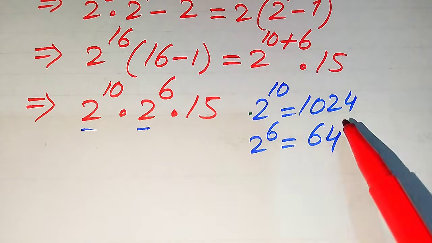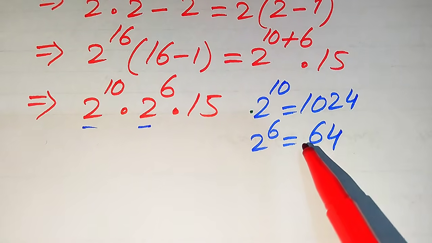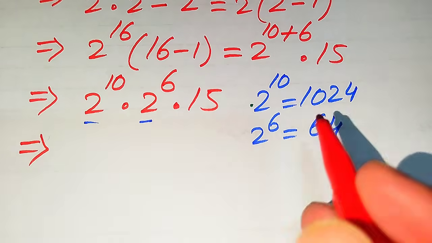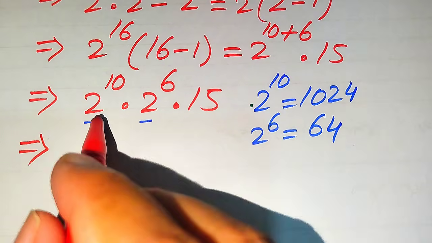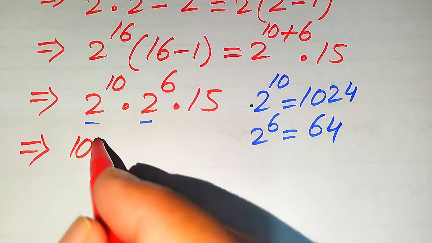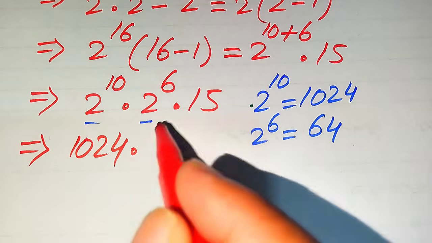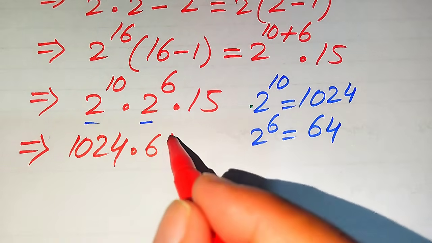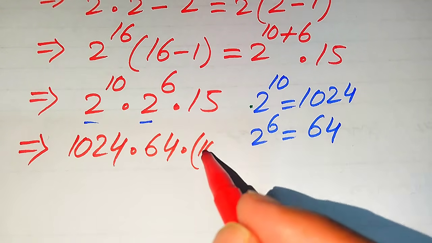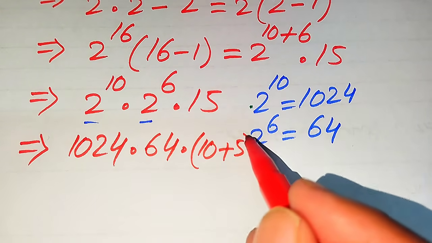You can easily get these values of 2 to the power of 10 or 2 to the power of 6 without using the calculator. So I can directly substitute these two values here: 2 to the power of 10 becomes 1024 and 2 to the power of 6 is equal to 64. This is our 15, and we write this 15 as 10 plus 5.